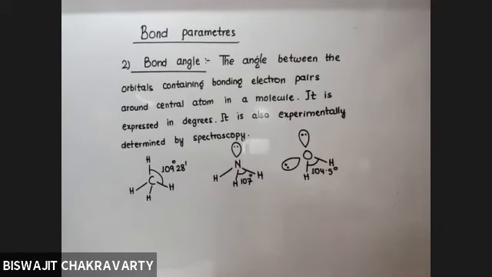In ammonia, 3 are bonded pairs and 1 is a lone pair, and in water, 2 are lone pairs and 2 are bonded pairs. While calculating the bond angle, we are not taking the help of lone pairs, but at the same time, the lone pairs are responsible in determining the bond angle. As the lone pairs are increasing, the bond angle is decreasing.